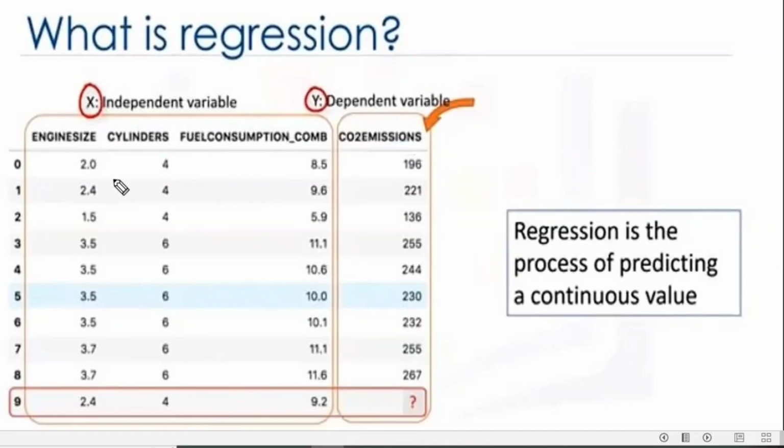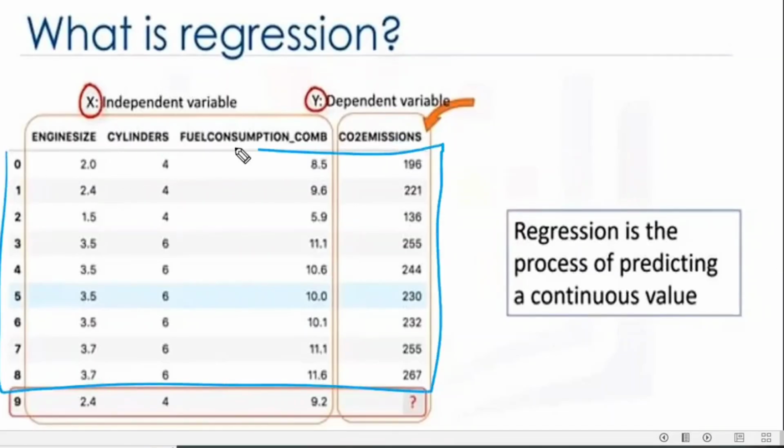Now we already have the past data. Whatever data they have given us with both input and output answers is called past data. For some of the previous cars or vehicles, one vehicle has an engine size of 2 and 4 cylinders and 8.5, the emission is 196.